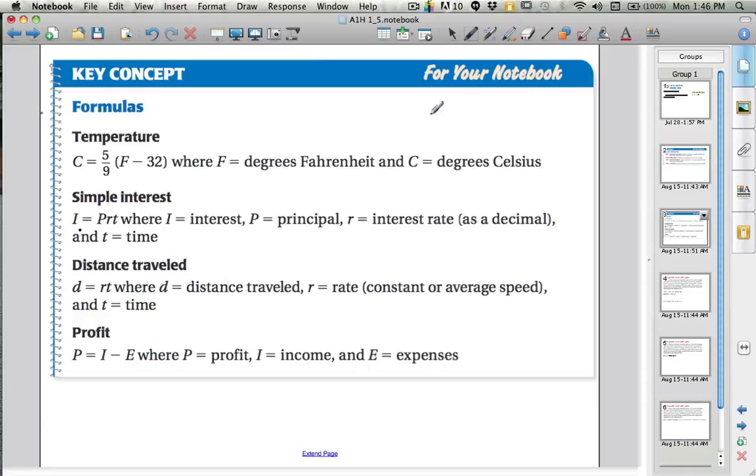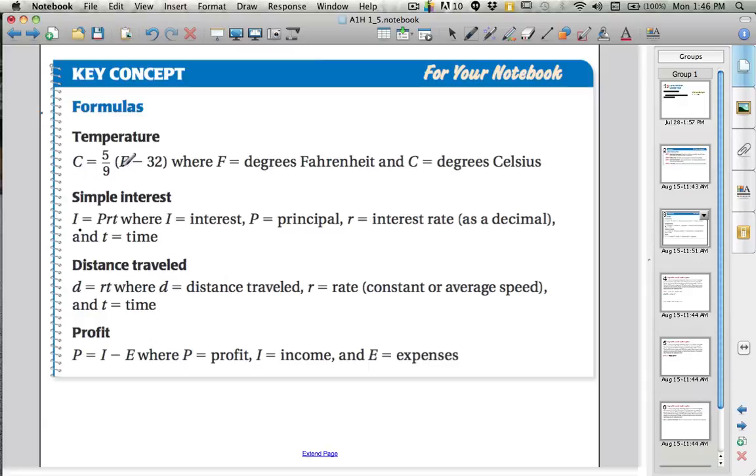So these are some really basic formulas. By no means are they comprehensive. There are lots of formulas, but this is a good place to begin. What's important with formulas is that I have here a formula made for me to plug in values of Fahrenheit and get out values of Celsius.